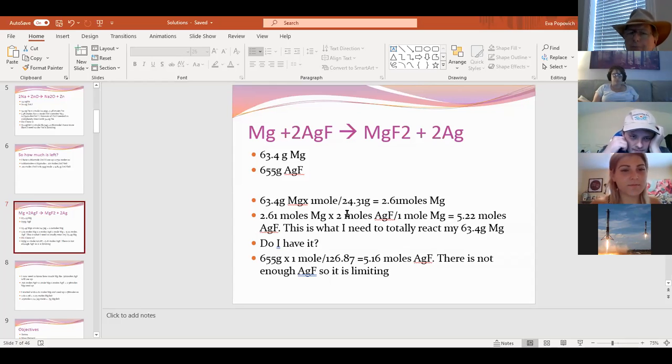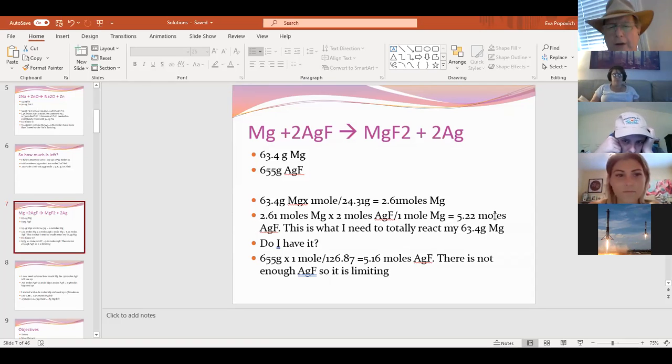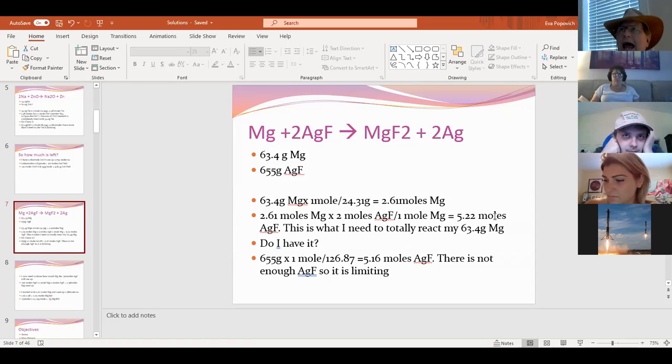So I've got to multiply my 2.61 by 2 moles of silver fluoride over 1 mole of magnesium. I need 5.22 moles of silver fluoride. That's what I need to react my entire 63.4 grams of magnesium. Now I got to figure out, do I have it?